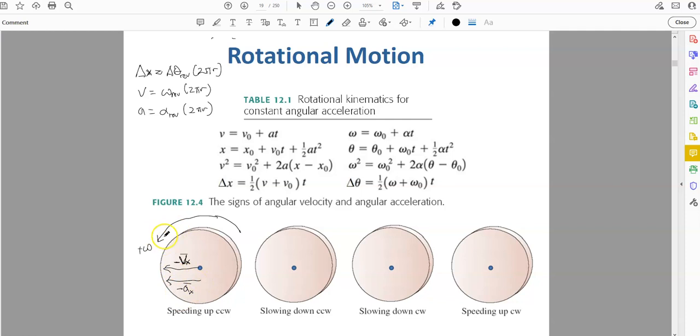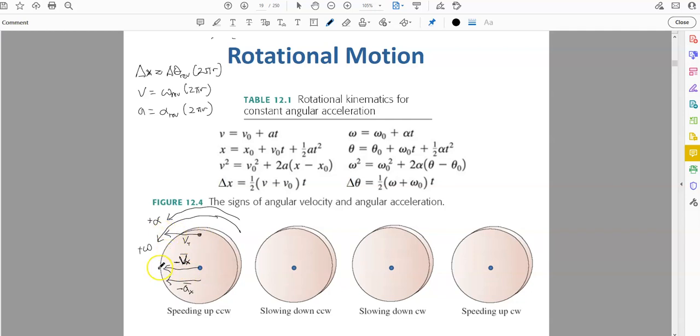The same thing goes for the angular interpretation of that. If we've got a positive omega and it's speeding up, that means our alpha has to also be positive, or counterclockwise. Incidentally, the top of the wheel will have a tangential velocity vector, v sub t, that is the same size as the entire wheel's velocity vector. Just the top of the wheel is going to be to the left.